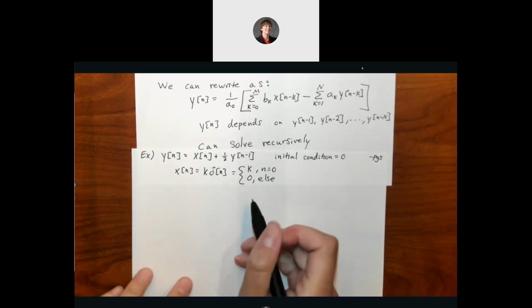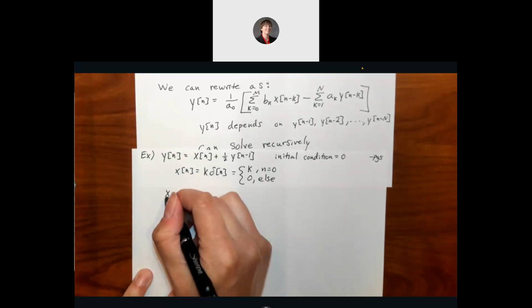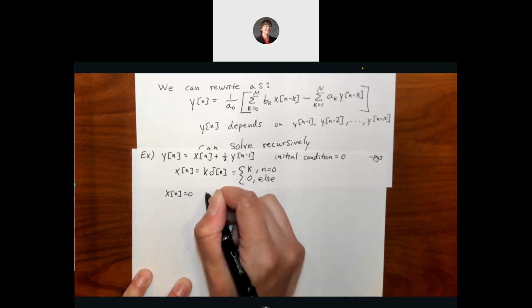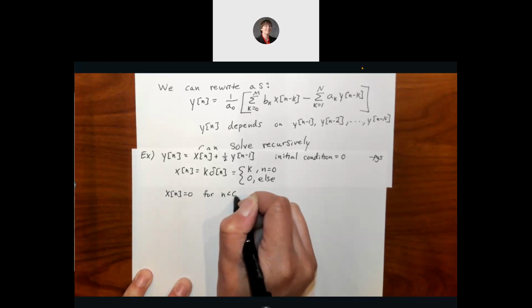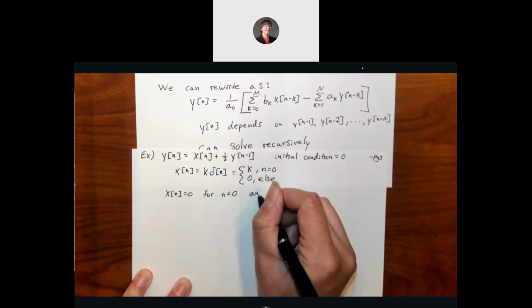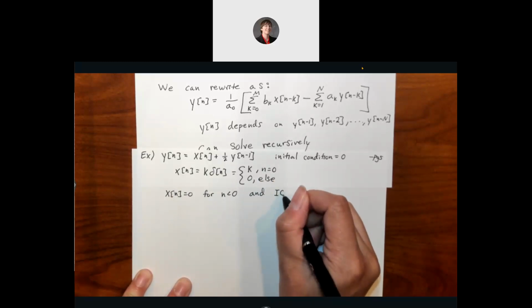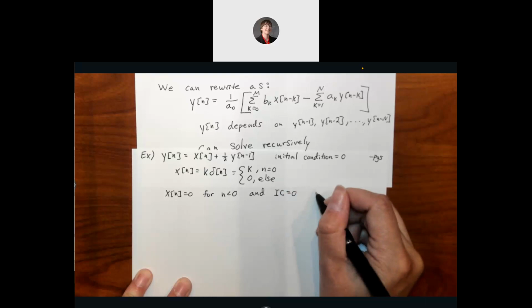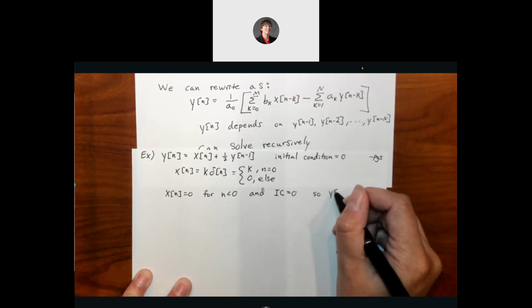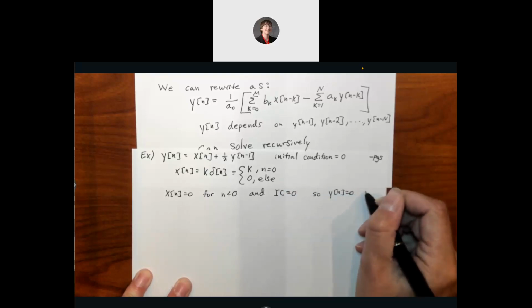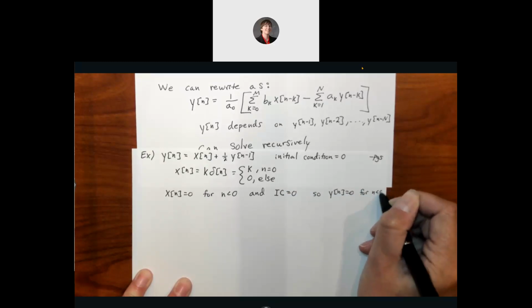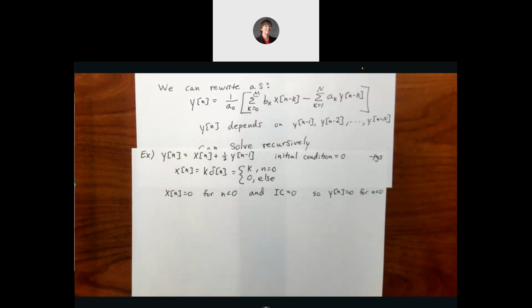Okay, so we know then that x of n is 0 for n less than 0. And we were also told that our initial condition was 0. So what we know is that y of n is equal to 0 for n less than 0.